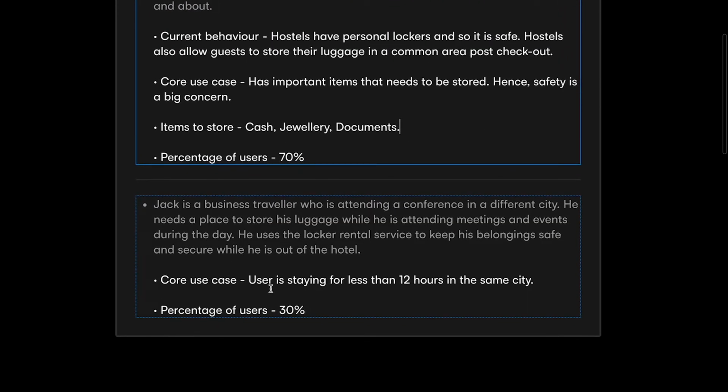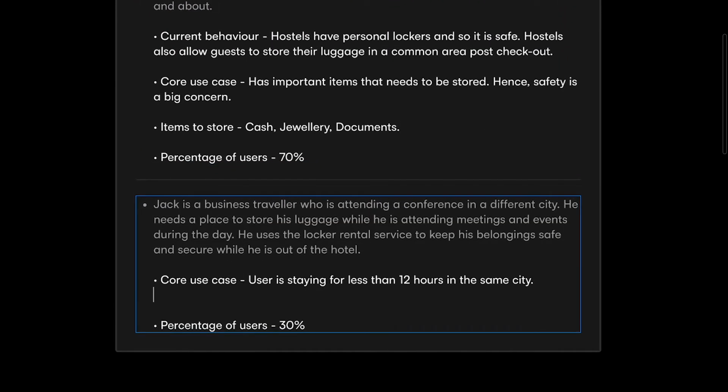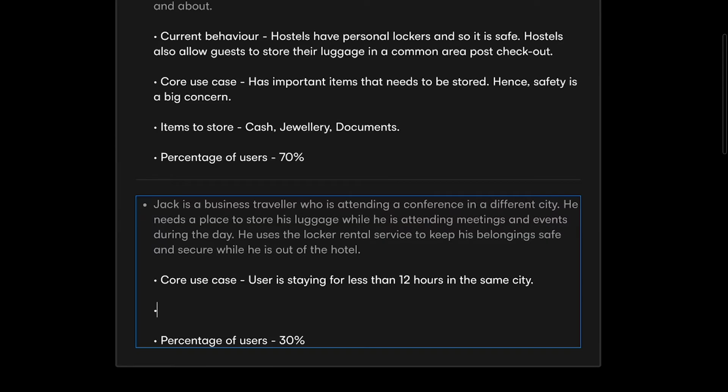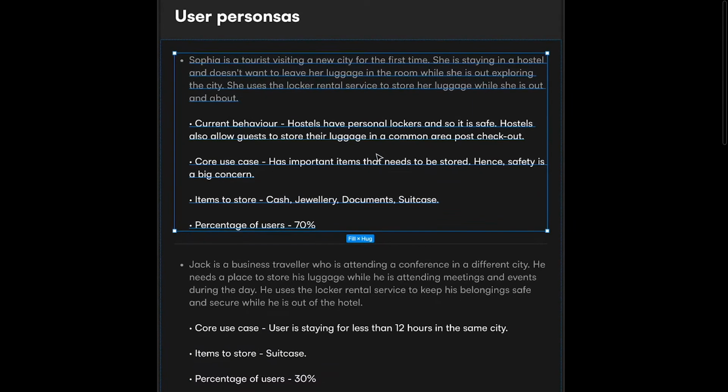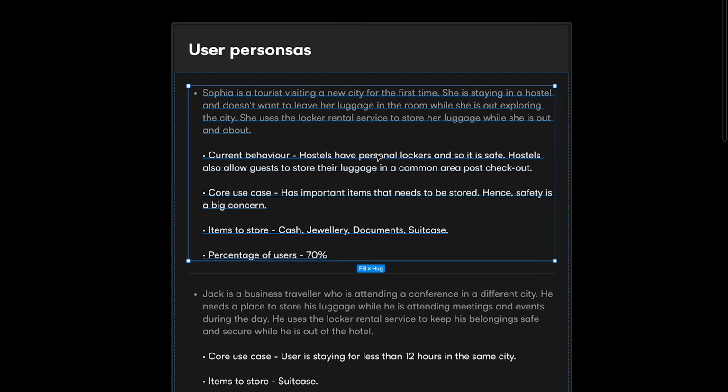Now in this case, Jack's items to store are probably going to be a suitcase, right? Now maybe suitcase also could be an example over here. That's absolutely fine.